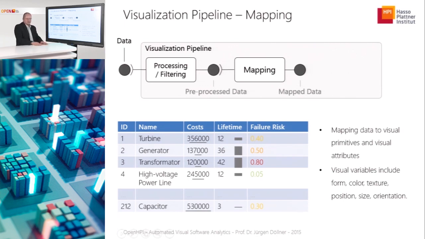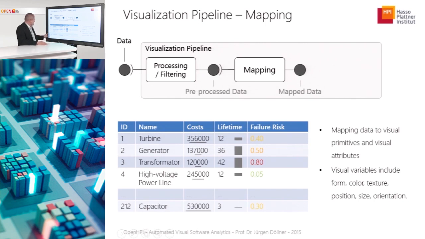Visual variables in general include form, shape, color, texture, position, size, and orientation. Once we have mapped pre-processed data, we end up with mapped data. Mapped data typically has a representation that follows types and structures and primitives given by computer graphics.